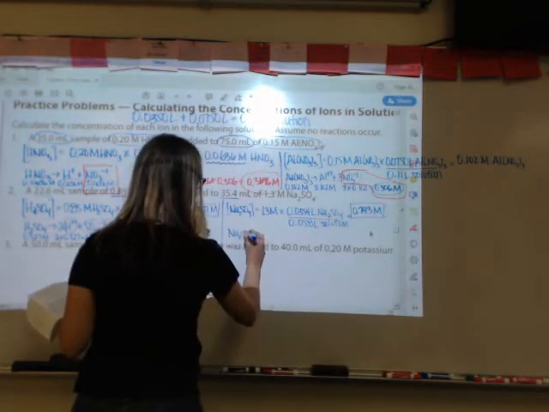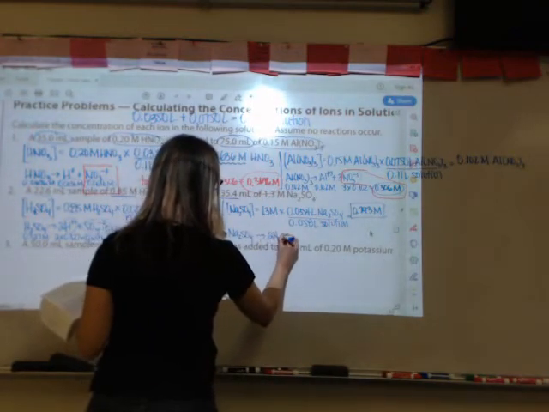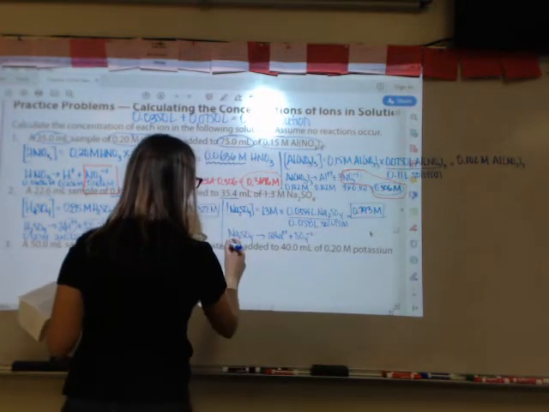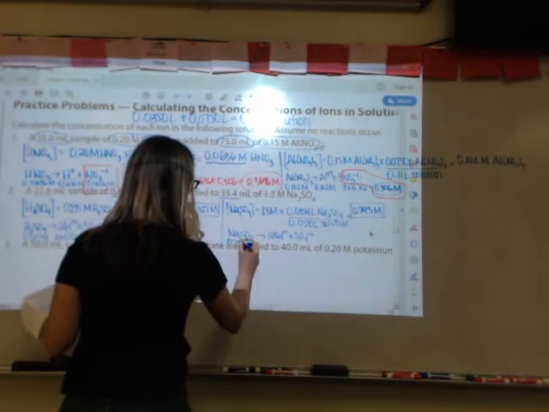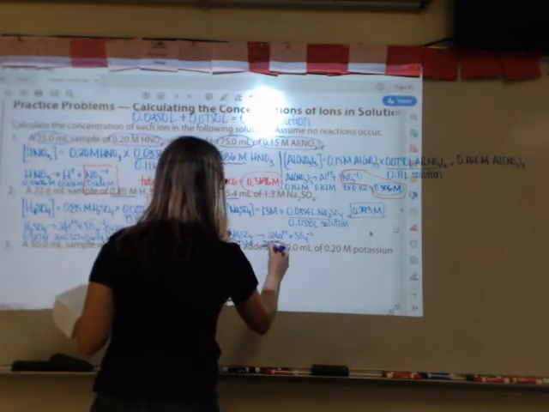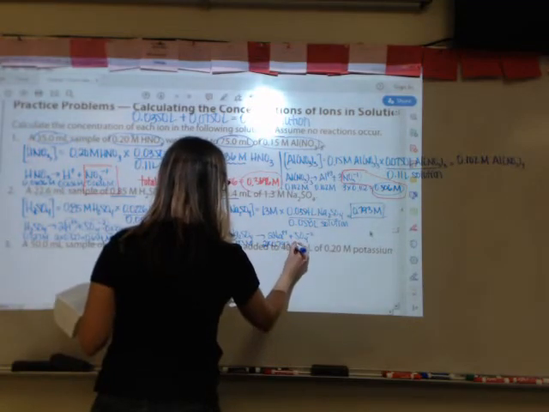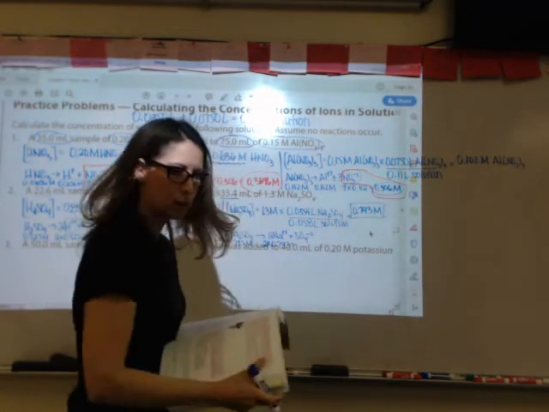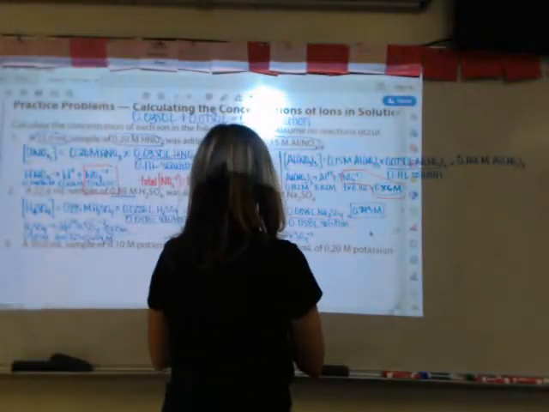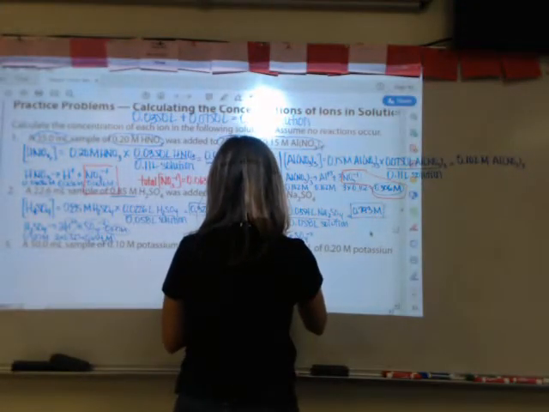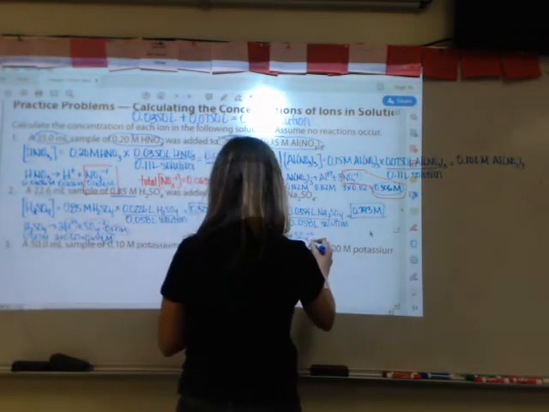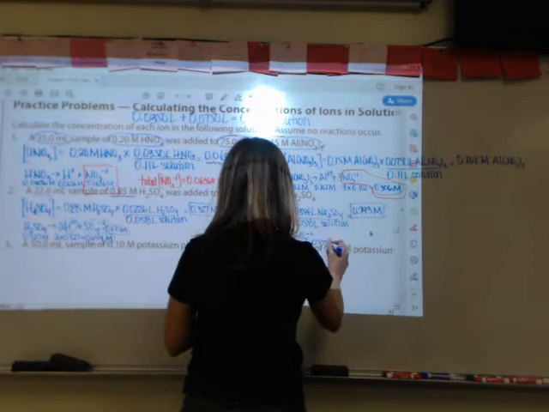Sodium sulfate dissociates into 2 sodium ions and 1 sulfate ion. So if its diluted concentration is 0.793 molarity, 2 times 0.793 will give you a sodium ion concentration of 1.586 molarity, and then the sulfate ion concentration is 0.793 molarity.